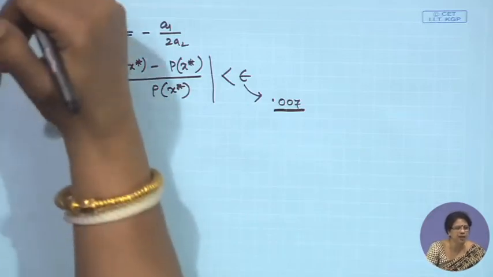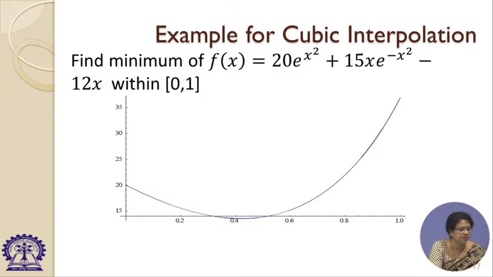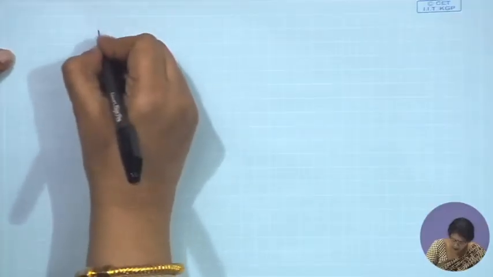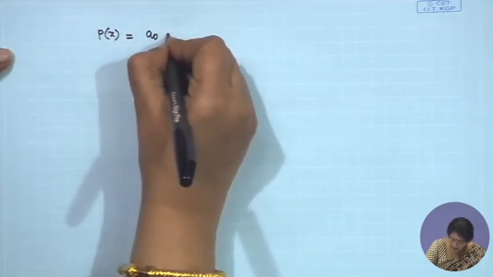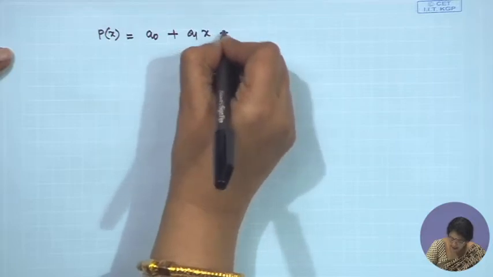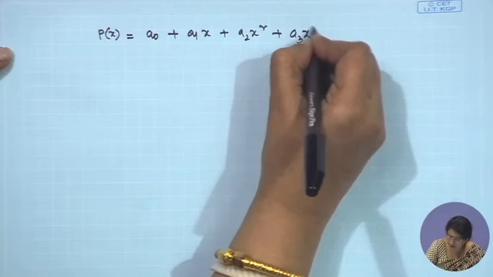In this way we do the quadratic polynomial interpolation, but if we want to interpolate a cubic polynomial for the same function, that also we can do. How can we do it? We will take the polynomial as A0 plus A1x plus A2x square plus A3x cube.